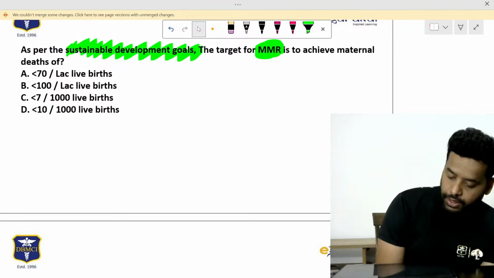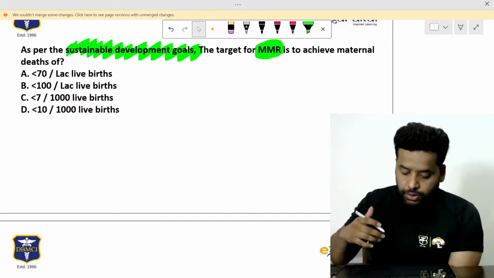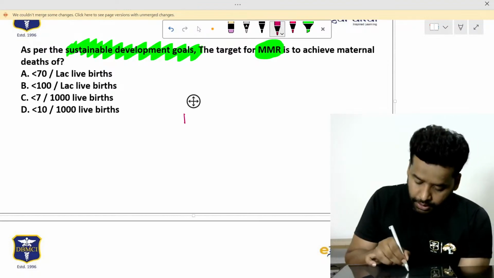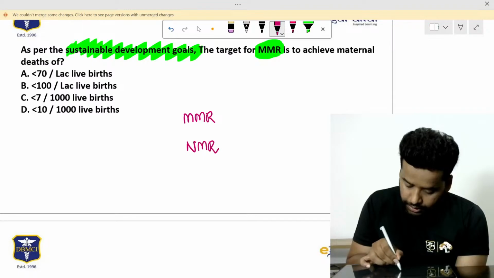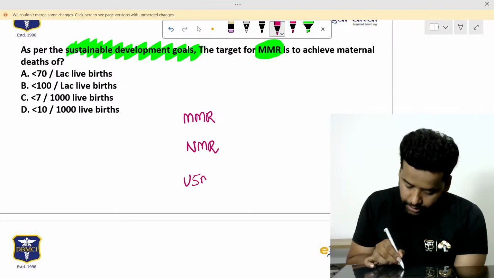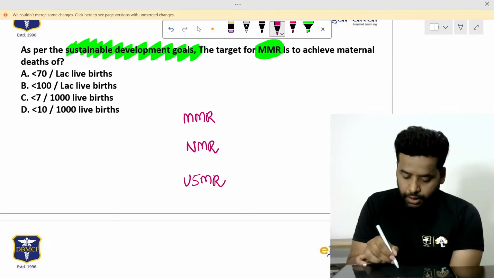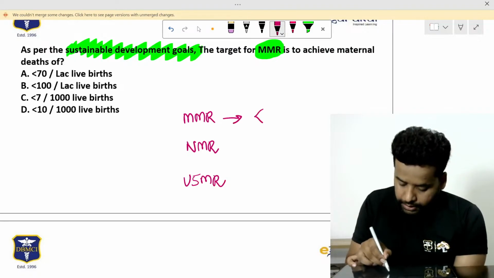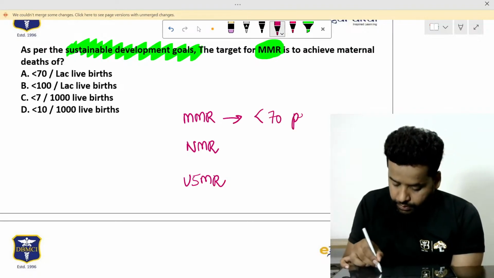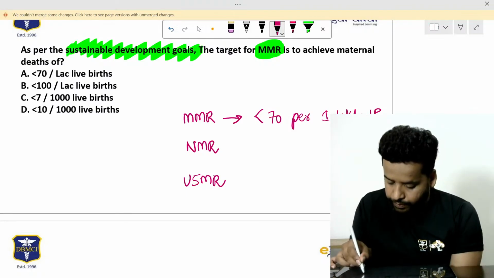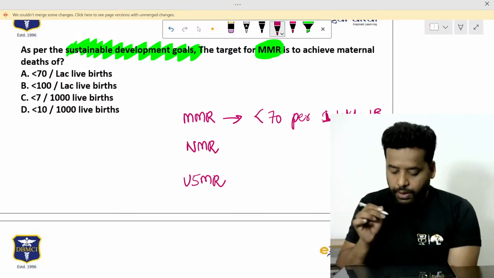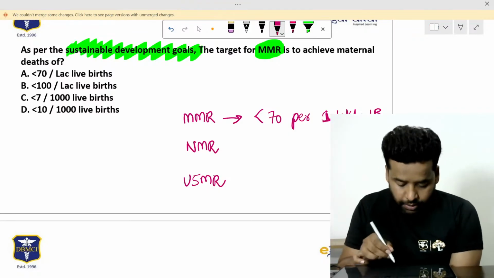Always remember 3 words: maternal mortality ratio, neonatal mortality rate, and under 5 mortality rate. Maternal mortality ratio should be less than 70 per 1 lakh live births.